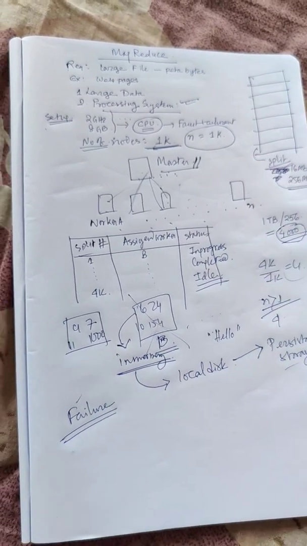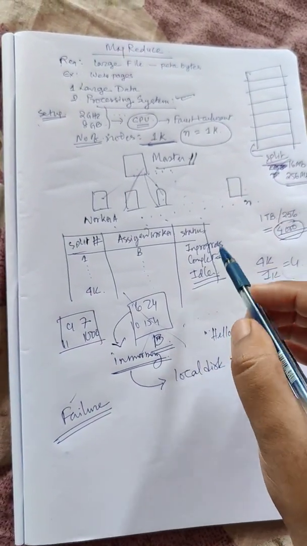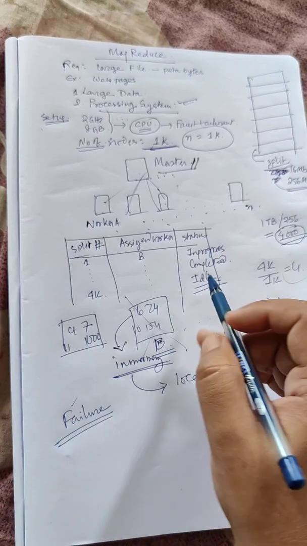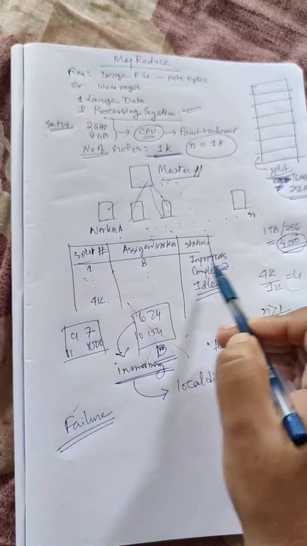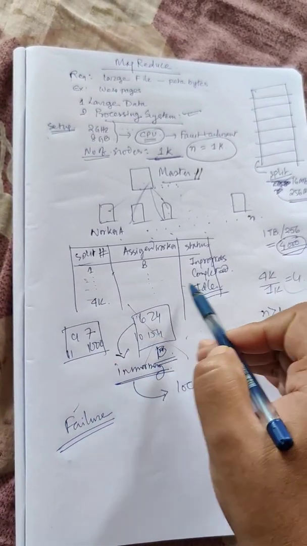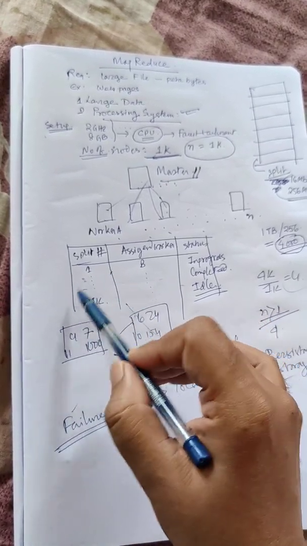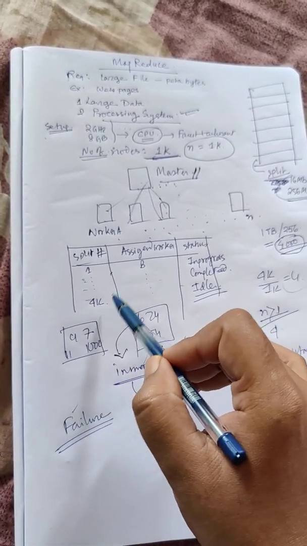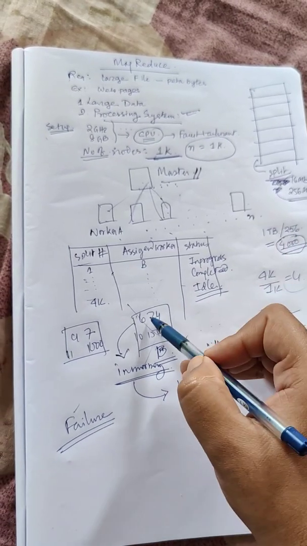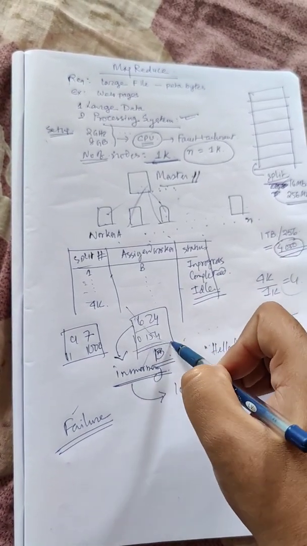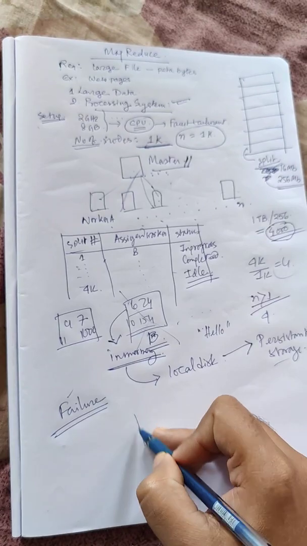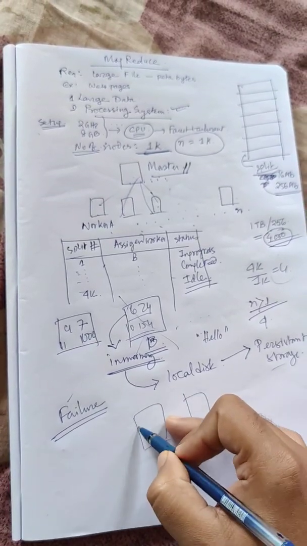When it comes to the decision that yes, this is at least in a dead state, then it looks into the table, and from the table it gets the information on which split numbers it was responsible for. Those split numbers are assigned to other commodity hardware.